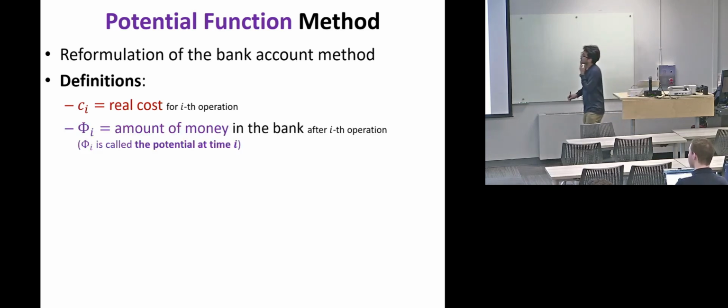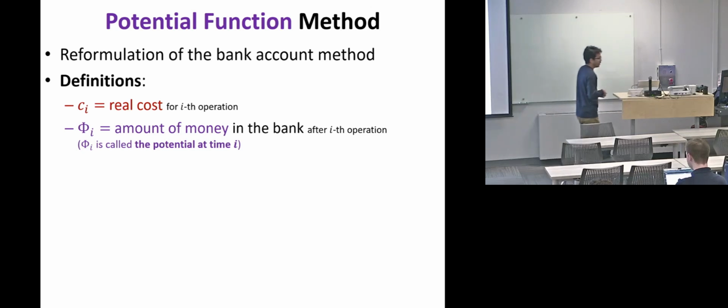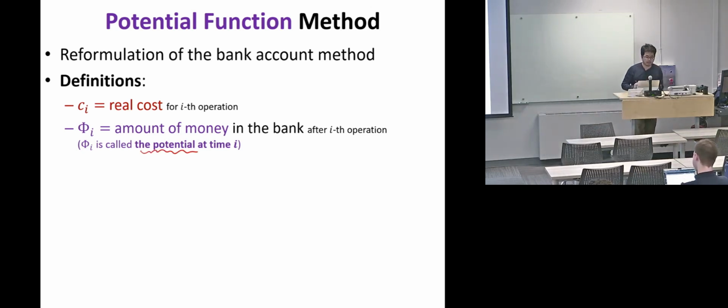And phi_i is simply the total amount of money in your bank account right now. And I give it a name too: this is what people call potential. The total amount of money in your bank account is the potential. It's the same thing.